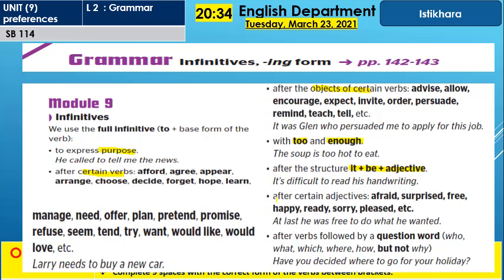We also use the same form with certain adjectives like afraid, surprised, free, happy, ready, sorry, pleased, and the similar adjectives. One instance is, at last he was free to do what he wanted.